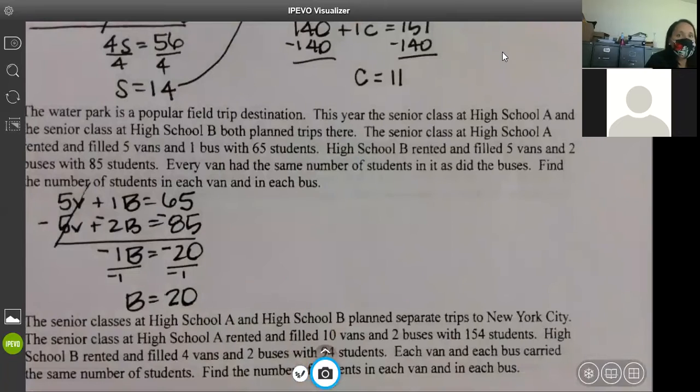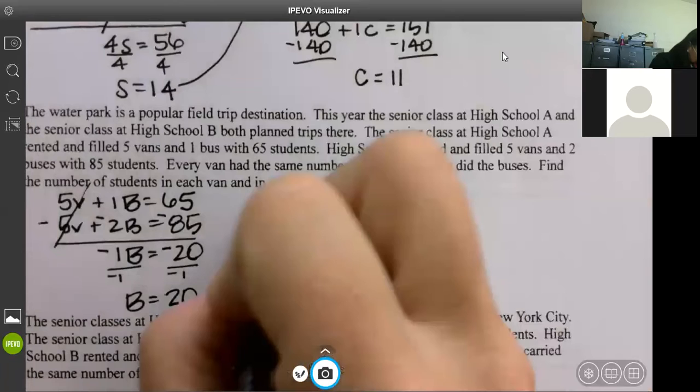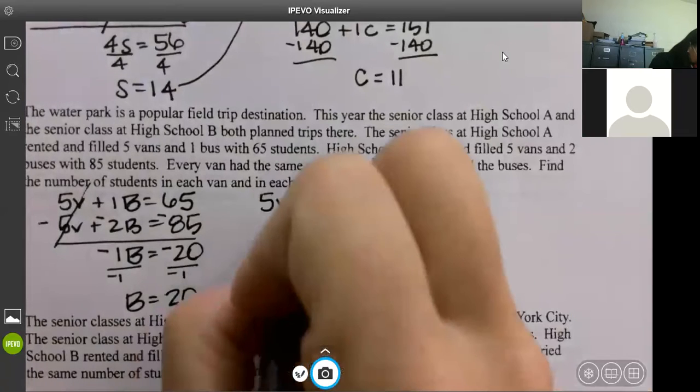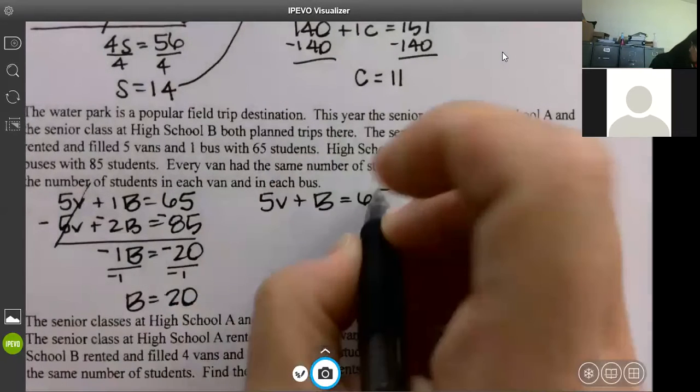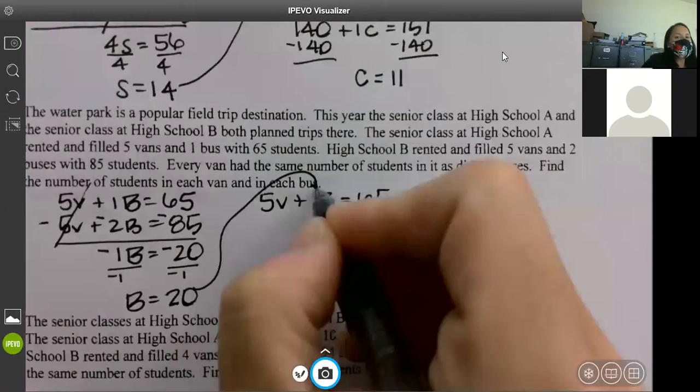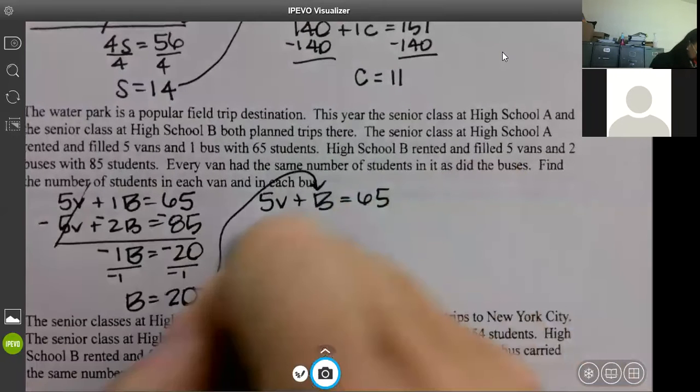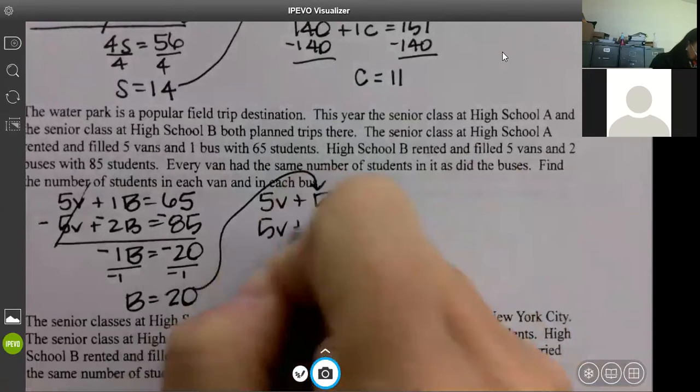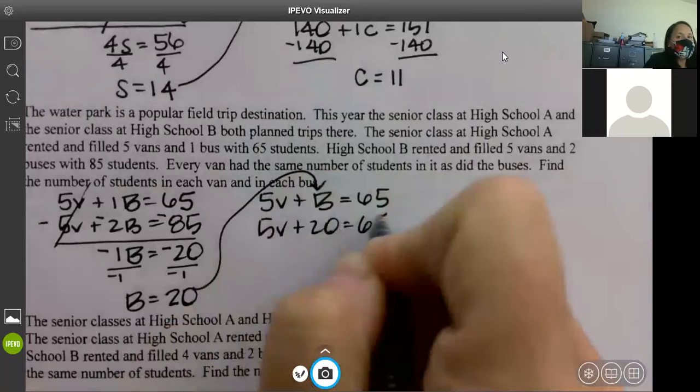So now we need to find the other one because it asks how many are on each van and each bus. So 20 on a bus. We have 5V plus B equals 65. We're going to plug in 20 for B. And how do I solve?